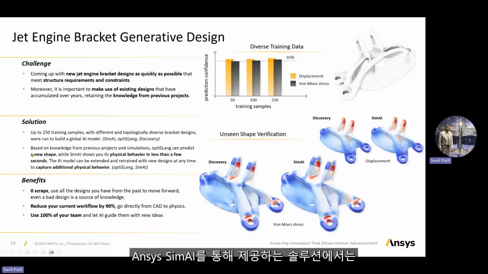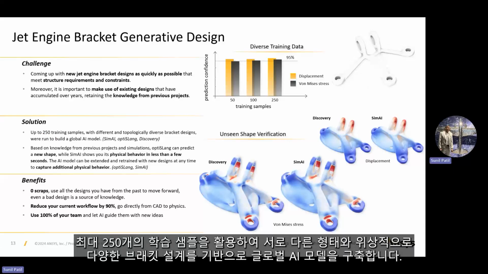So with Ansys SimAI, the solution we provide here, we use up to 250 training samples with different and topologically diverse bracket designs to build the global AI model.